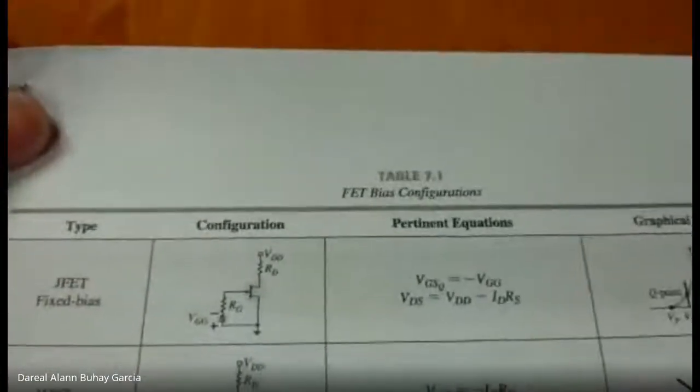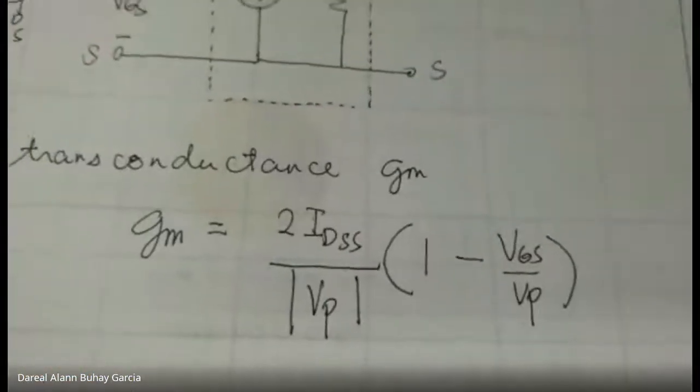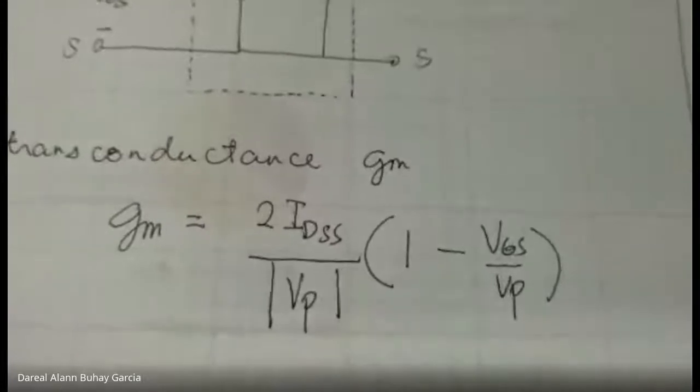Make a summary table for DC analysis for JFET, and a summary table for AC: ZI, ZO, and AV. It's easy to solve. Then the formulas in the book, sort of memorize them. If there's something that must be memorized, it's the Shockley equation and the equation for transconductance, which is derived from the Shockley equation.